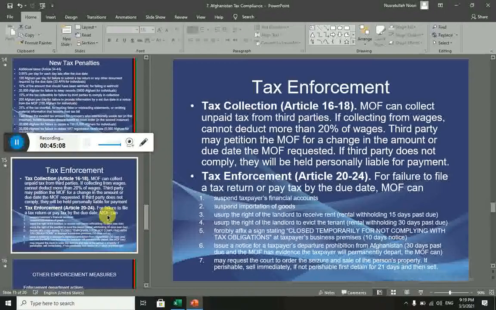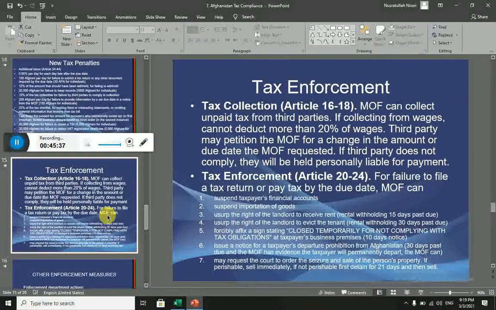The Ministry of Finance can collect unpaid tax from third parties; if collection is from wages, it cannot deduct more than 20% of wages. A third party may petition the Ministry of Finance for a change in the amount or due date requested by the MOF. If the third party does not comply, they will be held personally liable for payment. So those are the articles regarding tax collection.